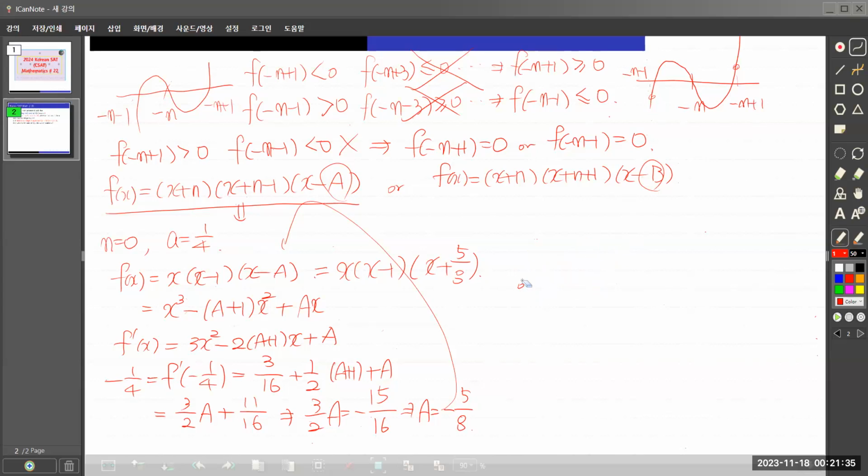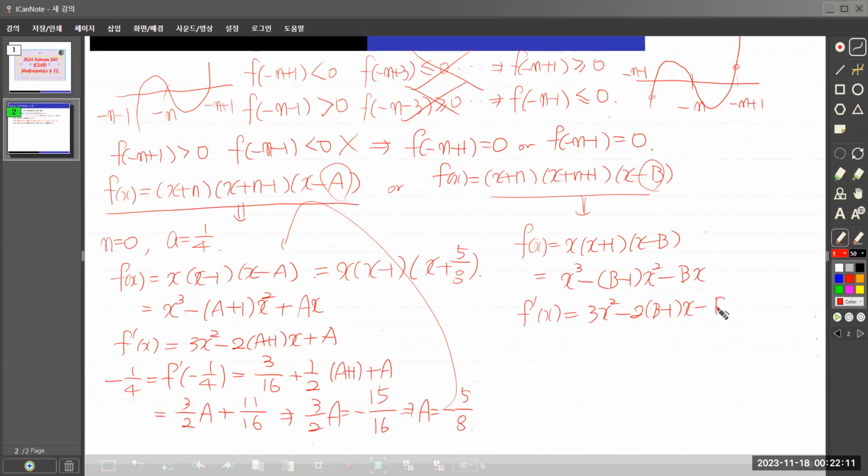And now from here, if you compute, f(x) is equal to x (x plus 1)(x minus b), this is x cubed minus (b minus 1) x squared minus bx. If you differentiate this one, then you will have 3x squared minus 2(b minus 1)x minus b.